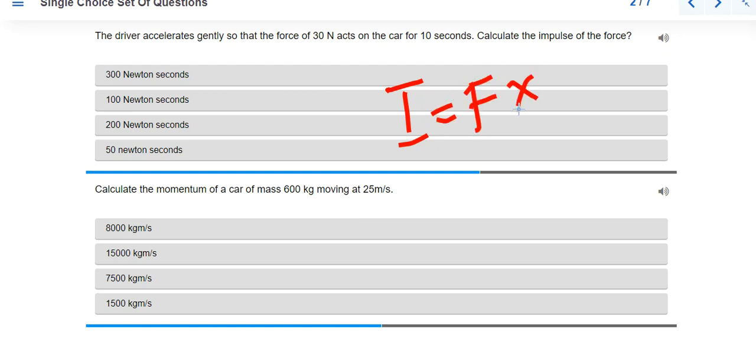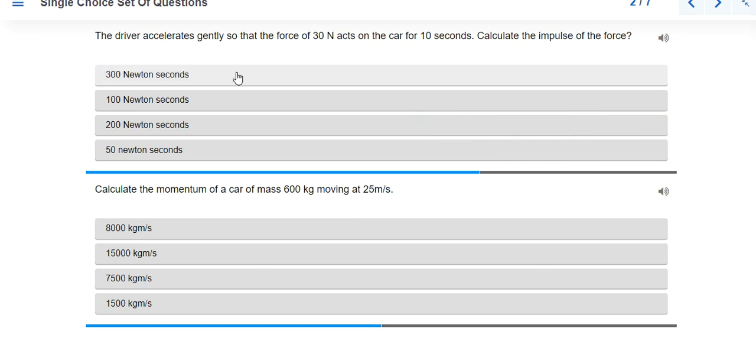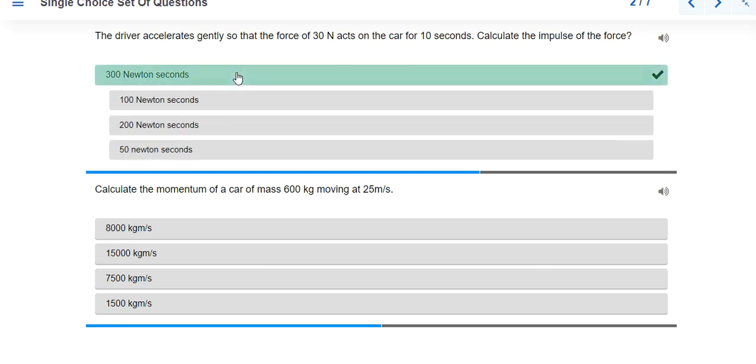F times t, where F is the force. F is 30 newtons times time is 10 seconds. That gives us 300 newton seconds. Do we have it as part of the options? Let's check. Correct.